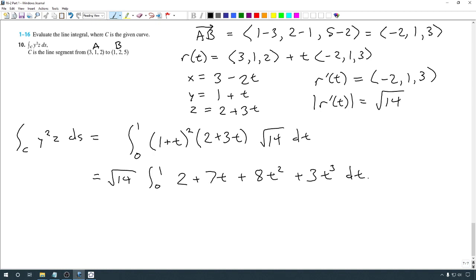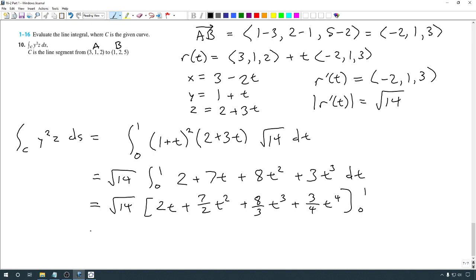And no, I didn't do that in my head. I actually already had it worked out. So you're going to have to be able to do that algebra on your own. When we take the integral, 2 becomes a 2t, 7t becomes a 7 halves t squared, 8t squared is going to be an 8 thirds t cubed, and 3t cubed is going to be 3 quarters t to the 4th.